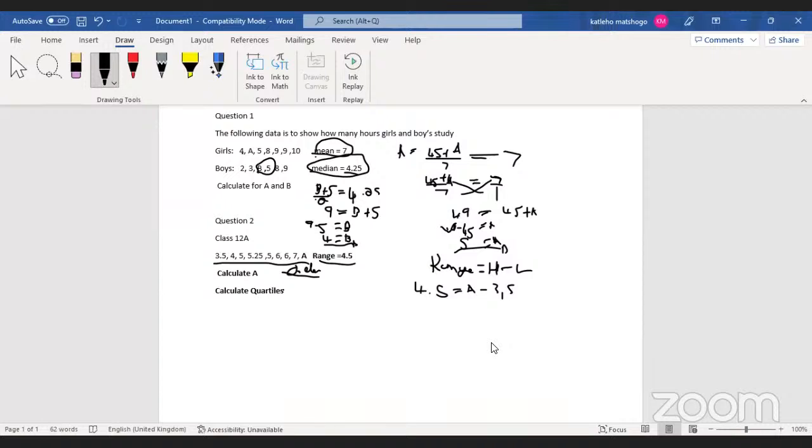You said the data is in order. So A is clearly the highest, and then 8. So I minus the 3.5 from the 8, and then I got 4.5. I minus that first number, 3.5, from 8. I've minus 4.5. I've minus that range.